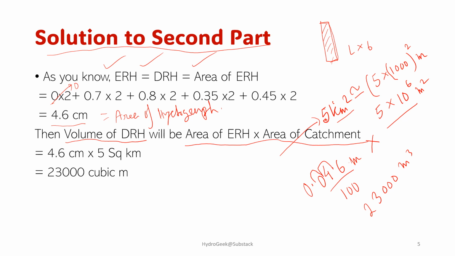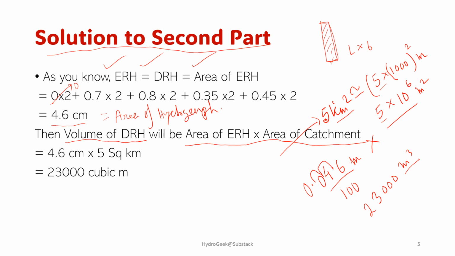Okay, this is 5 kilometers square, so that is why I converted it into 5 into 10 to the power 6 meter square, correct? And this was in centimeters, I converted it into meters by dividing by 100. So meter into meter square will be the result, in meter cube. The result is 23,000 meter cube.